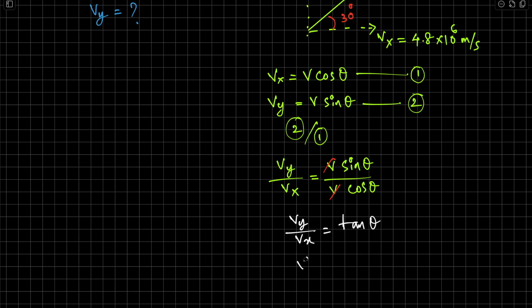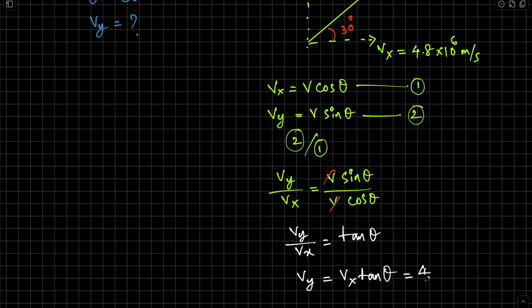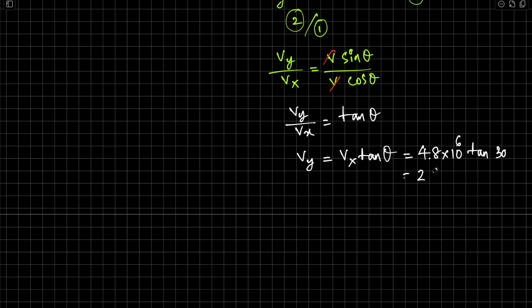We need to find vy, so vy equals vx tan theta. vx is 4.8 times 10 to the power 6, times tan 30. That gives 2.77 times 10 to the power of 6 meters per second.